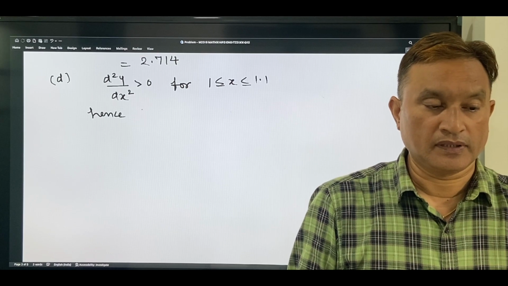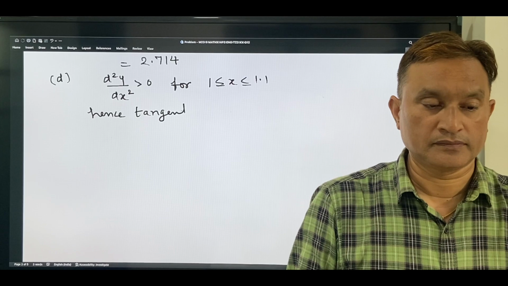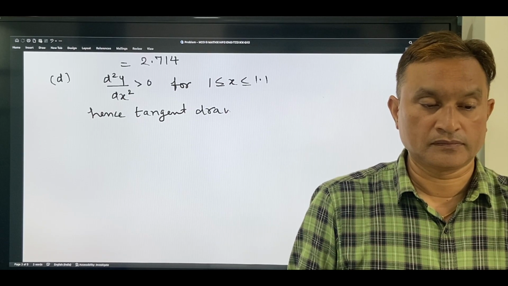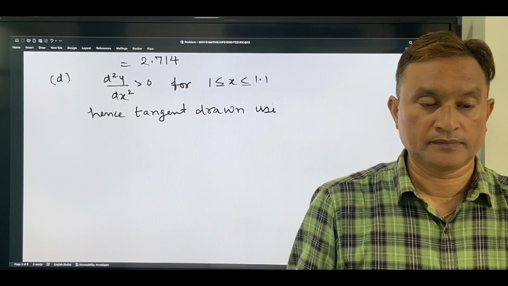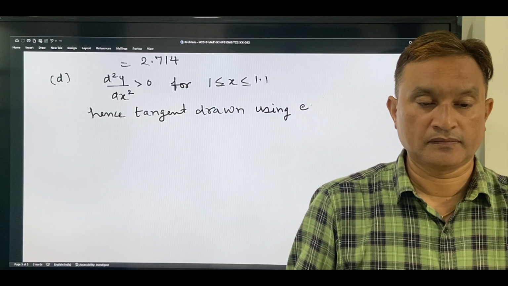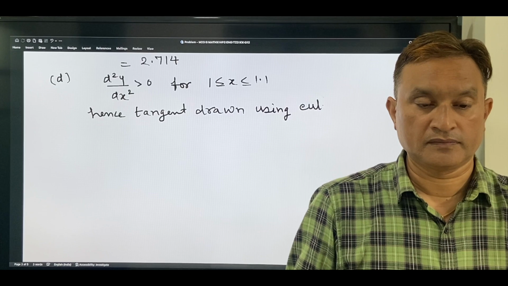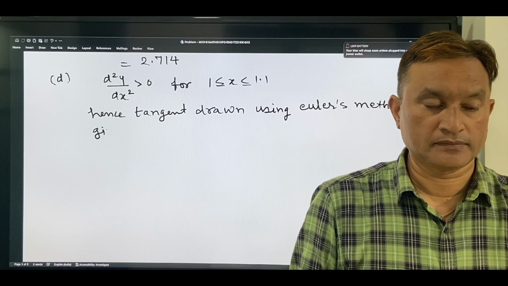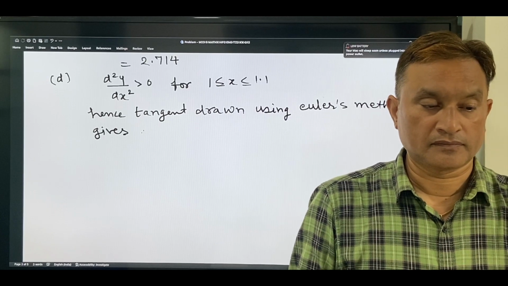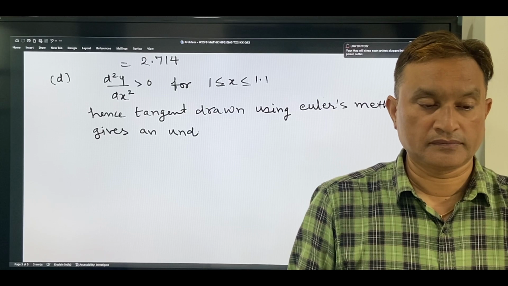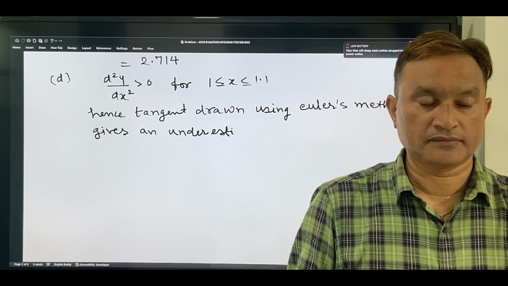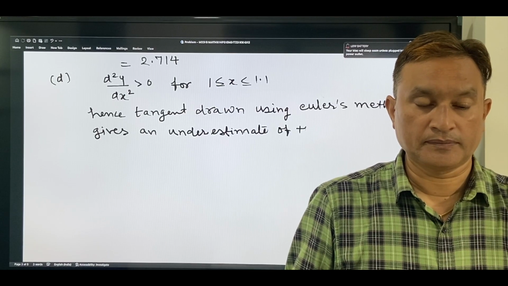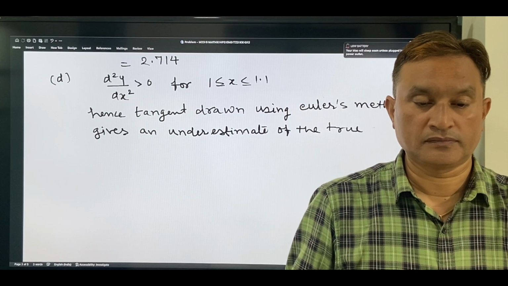Hence, tangent drawn using Euler's method gives an underestimate of the true value.